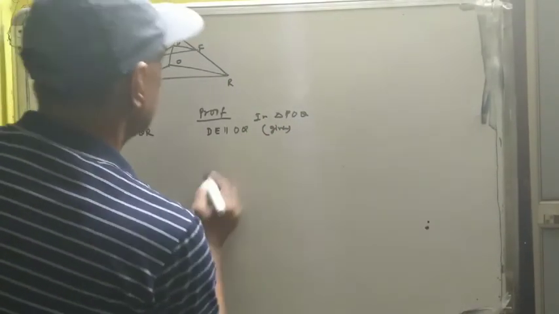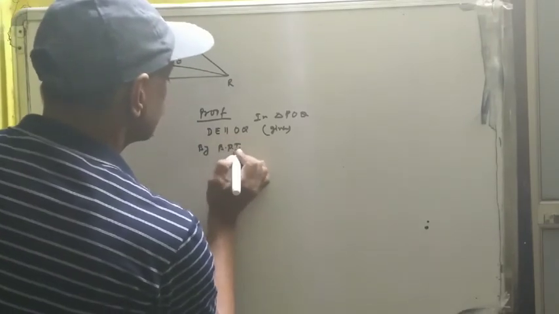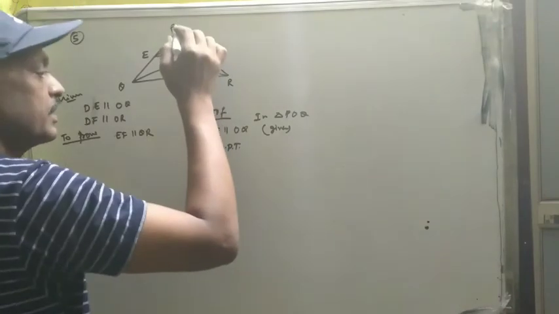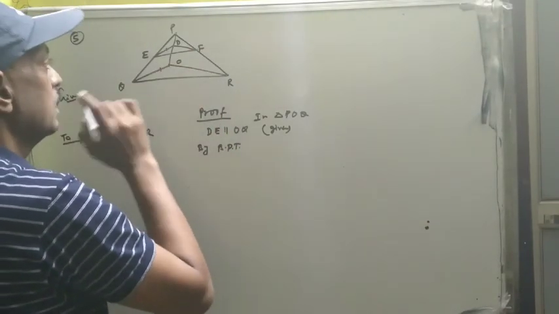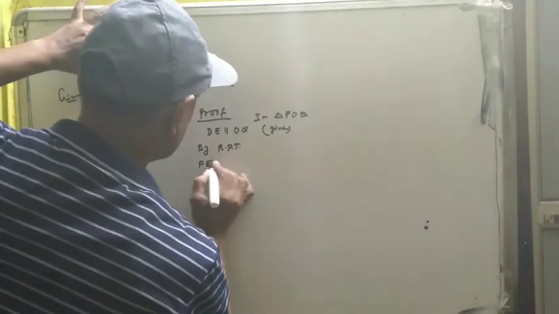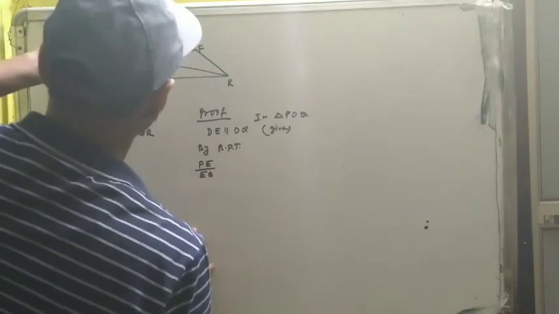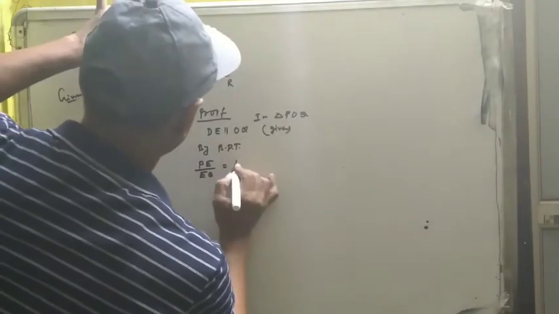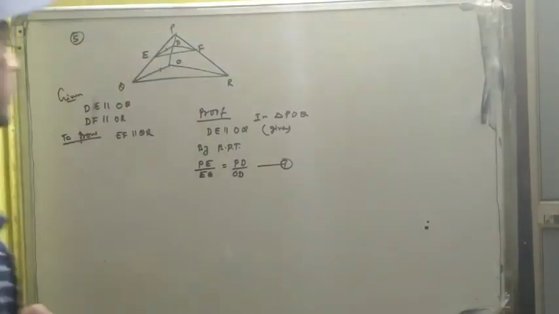This one is given, so by BPT we can write, just look here, we are in triangle POQ and this one is parallel. So we can write PE upon EQ equal to PD upon OD. This is equation number 1.